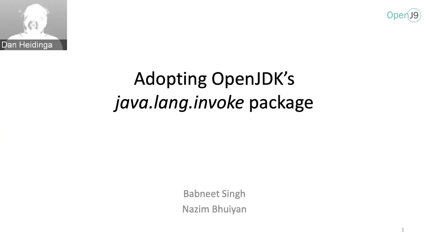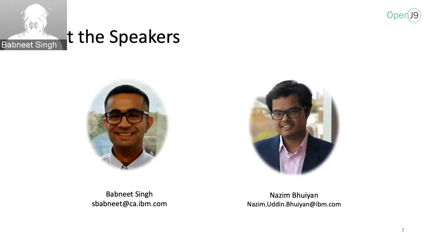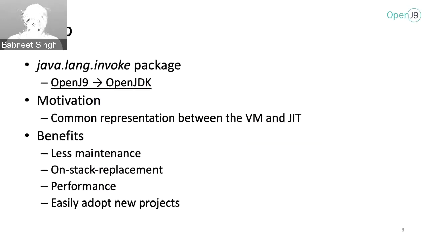So today we will be providing an update on the current state of adopting OpenJDK's java.lang.invoke package in OpenJ9. The speakers are myself, Babneet, from the VM team, and Nazim from the JIT team. A little bit of background.